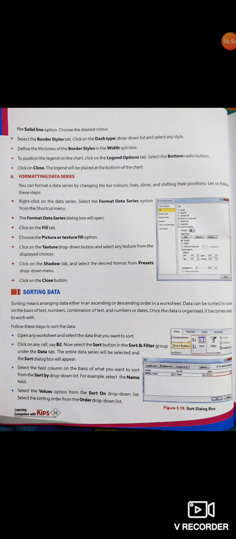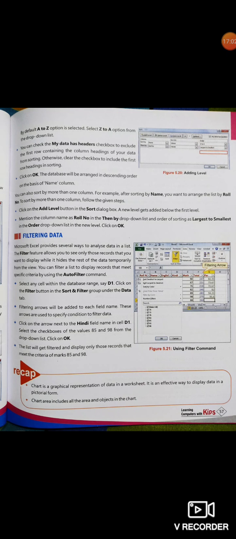Then we have to select the values option from the sort on drop down list and select the sorting order from the order drop down list. By default, the A to Z option is selected. If we want to change it, we can select the option Z to A from the drop down list. We can also check the my data has headers checkbox to exclude the first row, containing the column headings of our data, from sorting.